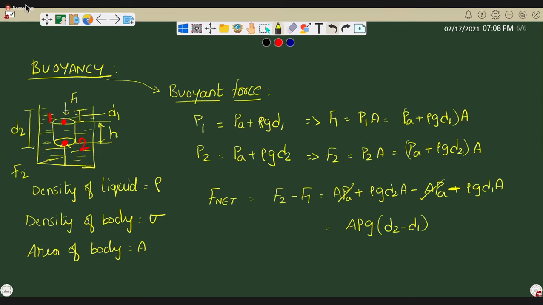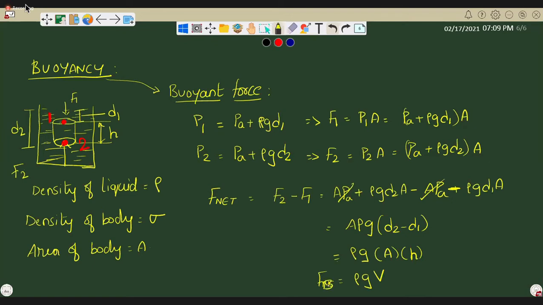But D2 minus D1 is the height of the body, isn't it? So this is equal to rho g, area into height will give you what? Volume. Rho g V.